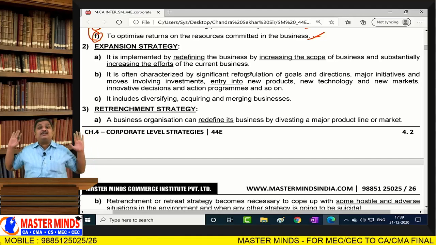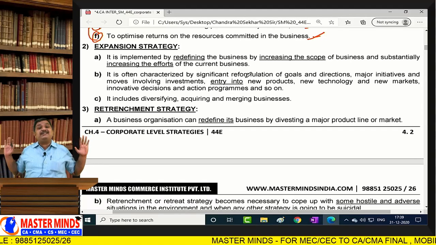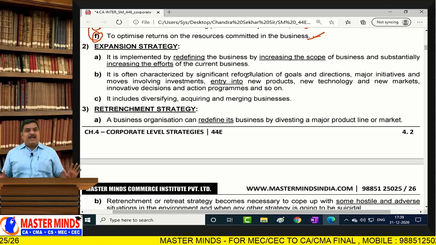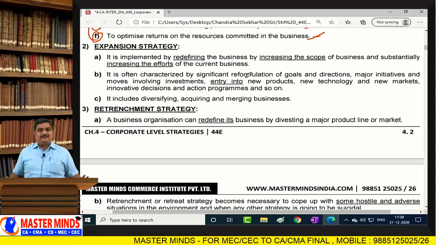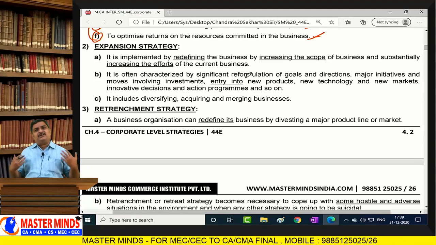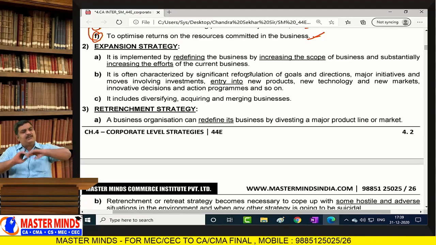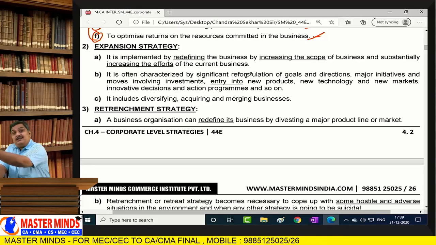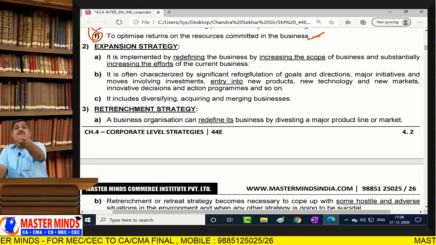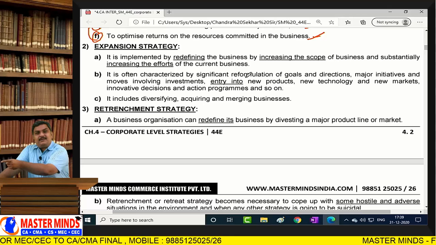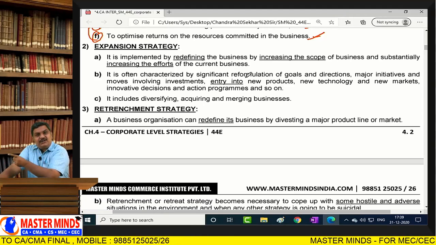That is why these are called generic strategies. That means I am telling in a common way. I'm just giving you all the options. I'm explaining everything: what is stability, expansion, retrenchment, combination. Now it is up to you to decide, depending on the business environment. Business environment is the guide. You have to scan the business environment, all the internal and external factors, industry factors, competition factors.